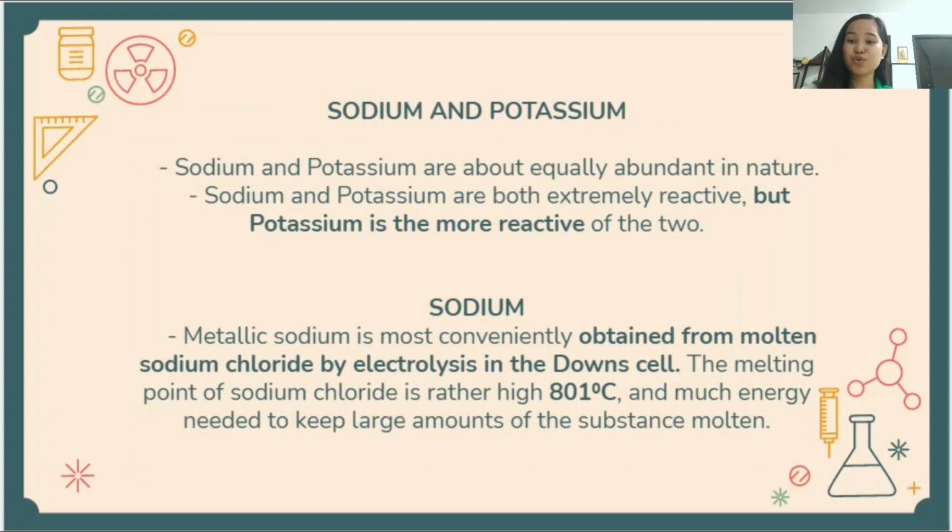This compound, sodium chloride, has a high melting point of 801 degrees Celsius, where much energy is needed to keep a large amount of the substance molten. Addition of calcium chloride can lower the melting point to about 600 degrees Celsius, which is an ideal temperature for the electrolysis process.